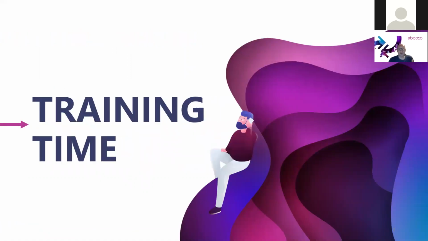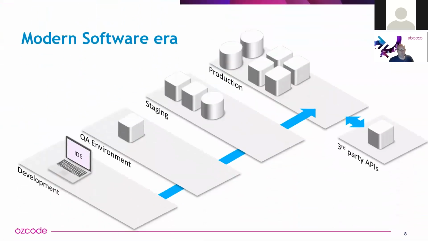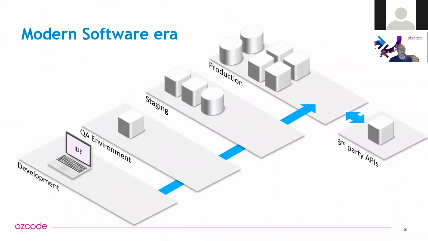So let's jump into the training. When we think about CI/CD and the whole DevOps movement, it's really been about shifting left, bringing more and more of the notifications, the information, the data stream, the feedback loop of things going wrong closer to the hands of developers.